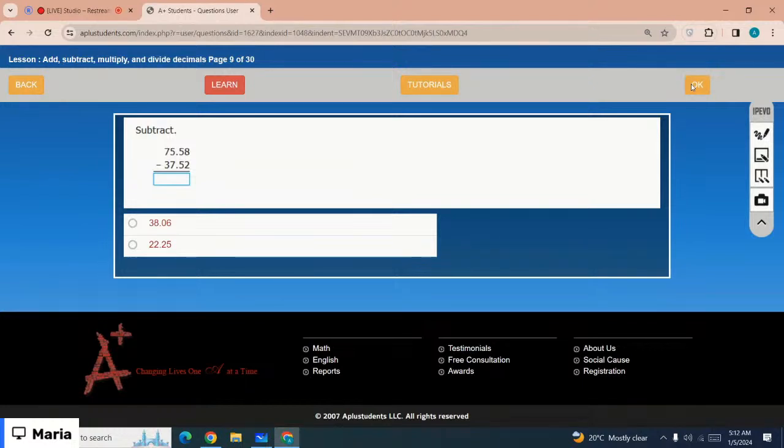The next one is 75.58 minus 37.52. You have to subtract.